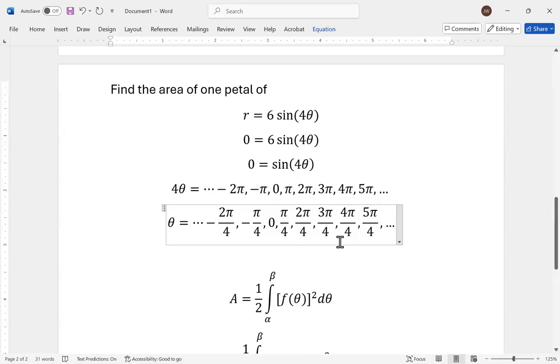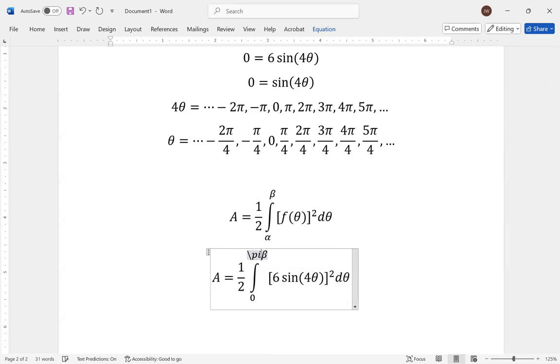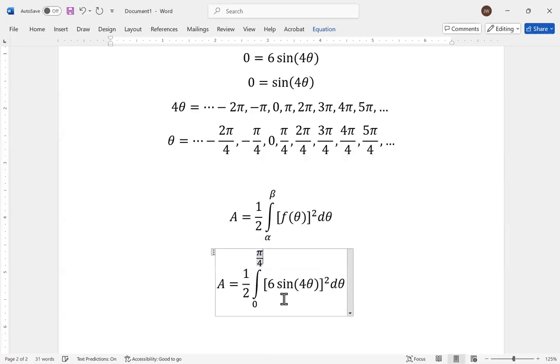So we get that. If I want to trace out one curve, I just go back to back. So I'm going to go from 0 to pi over 4. So my alpha, I'm going to let be 0. My beta, I'm going to let be pi over 4.